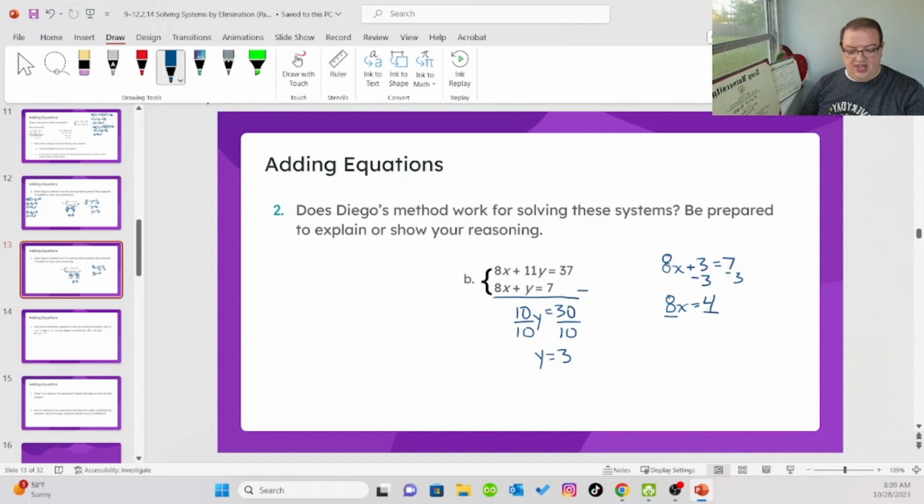Get rid of the 8 by dividing both sides by 8. And I get x equals 1/2. So now I have been able to solve by using subtraction. Because my x variables were the same, I needed to subtract to make one of them go away.